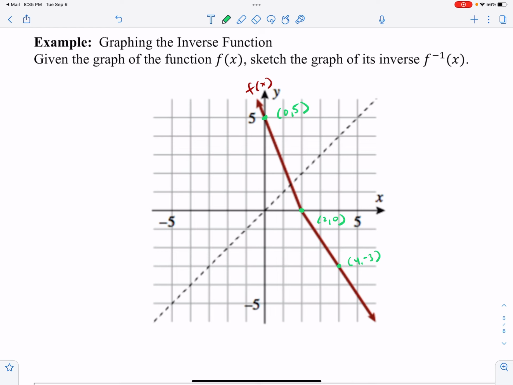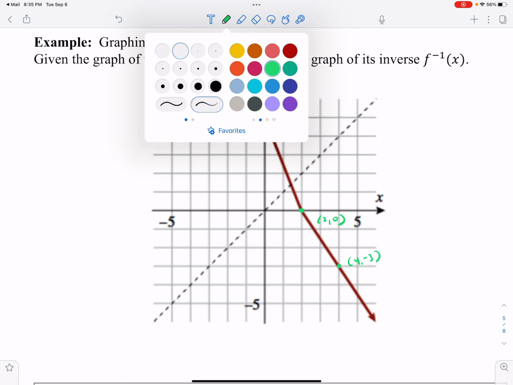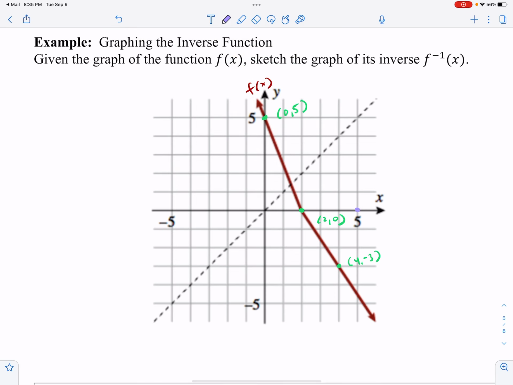Okay, so now I can just switch the x and y. So (5, 0). Maybe I'll use another color. (5, 0), (0, 2), and then (-3, 4).